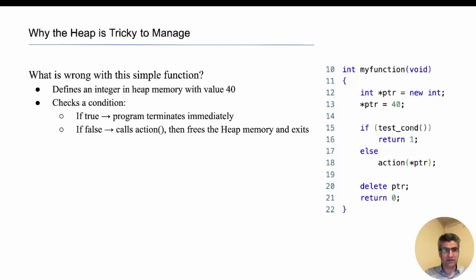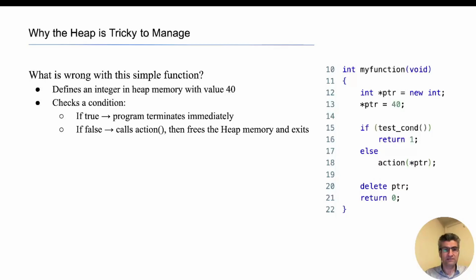It is PTR here. Then it places the value 40 into that memory space. At line 15, the if statement checks a condition. Finally, at line 20, delete PTR releases the reserved memory back to the system.